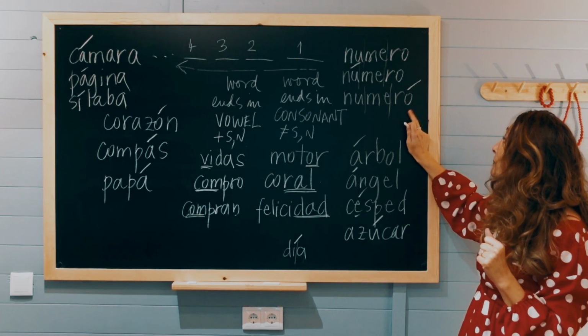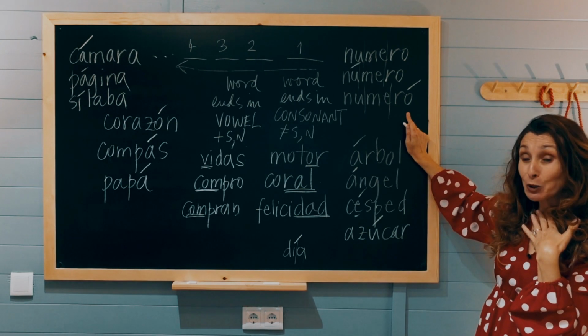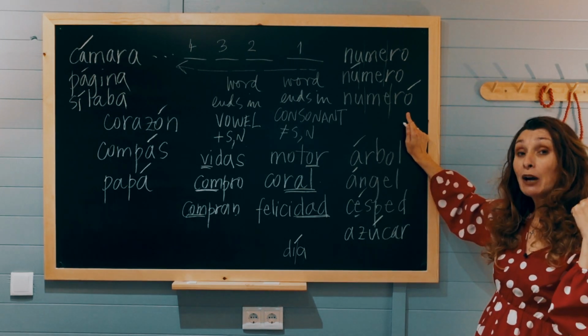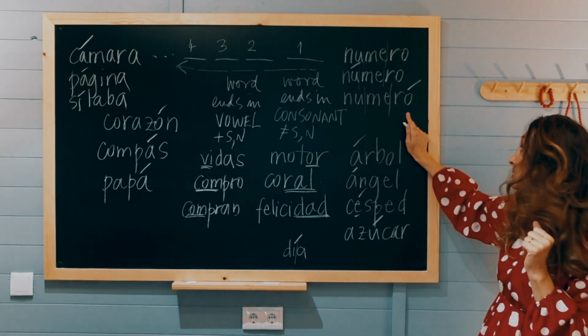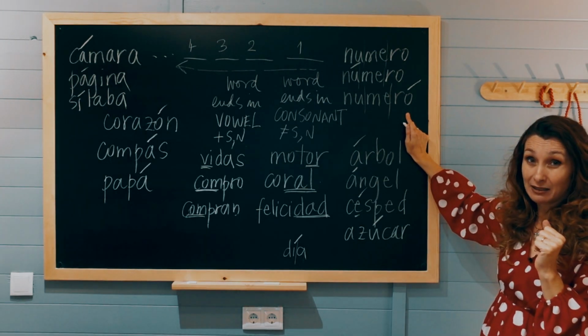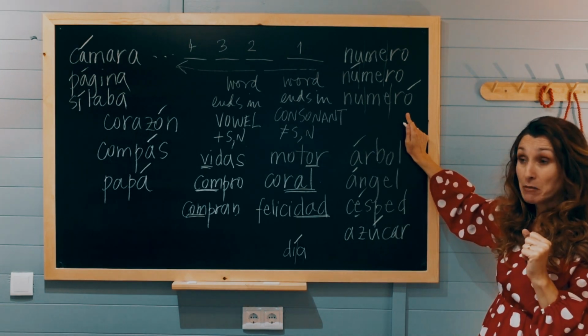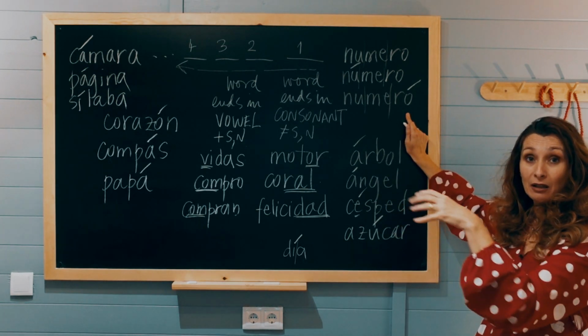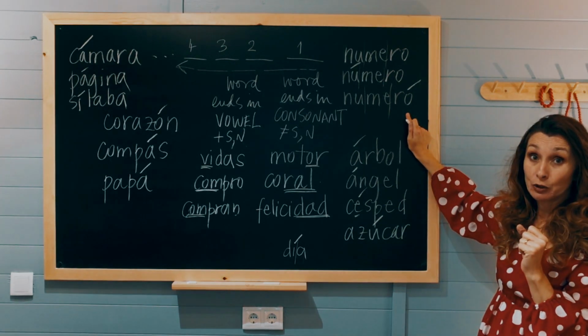This is in the past tense, but it's not me doing it anymore. Now he or she did it. He enumerated or she enumerated, put numbers or assigned numbers, maybe to doors in the street or any other situation.